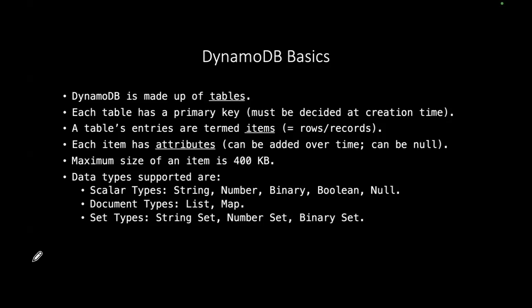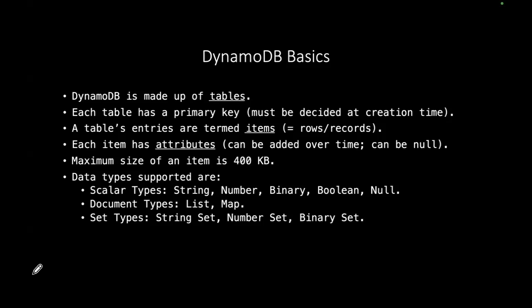Each item has attributes, but these attributes can be added and removed at any time from a particular item, and DynamoDB isn't going to complain. So that's very flexible. There is an upper limit on the size of an item, it seems.